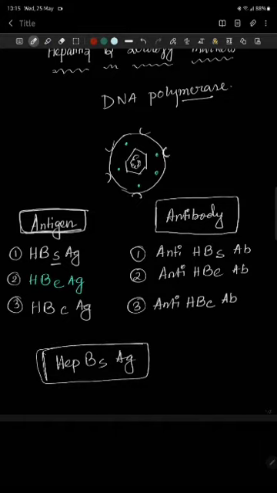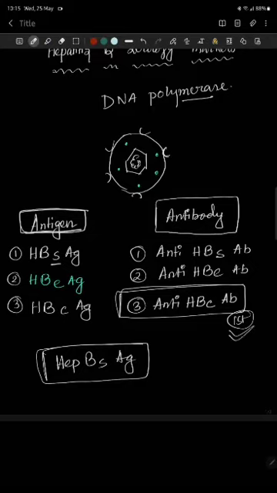But when it is about the immune response of our body, which antibody came first? It is hepatitis B core antibody that came first. I'll tell you why. Hepatitis B surface antigen, then hepatitis B E antigen.